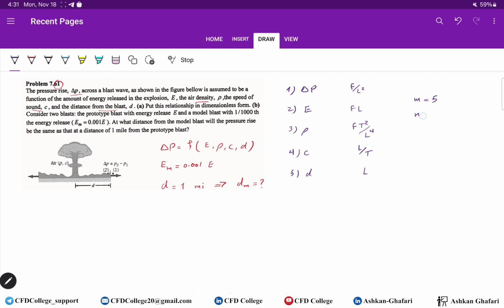M is 5, n is 3, so we have two dimensionless groups, pi 1 and pi 2, and you have to find them.